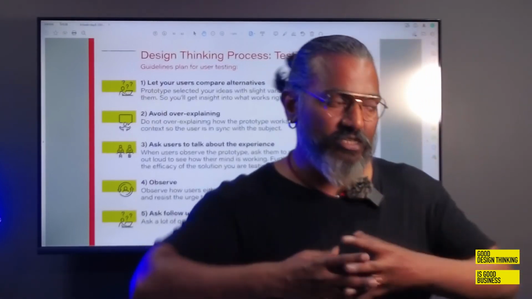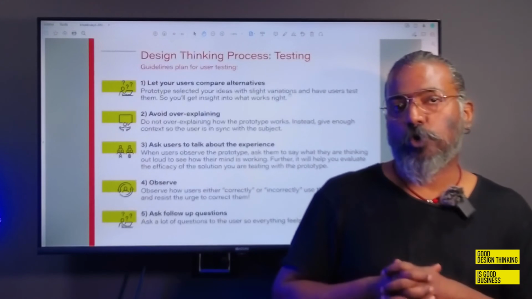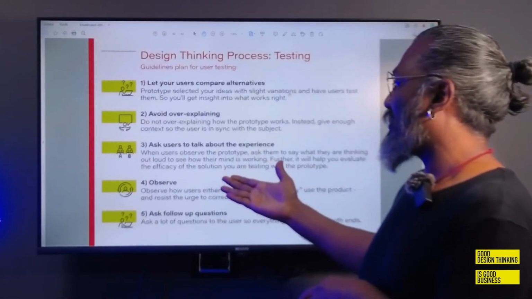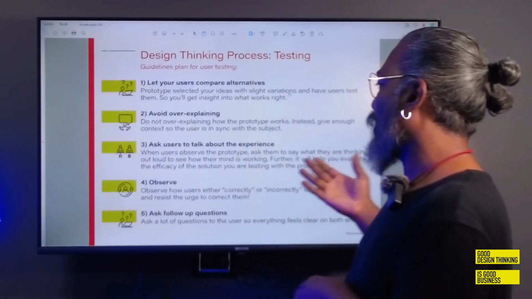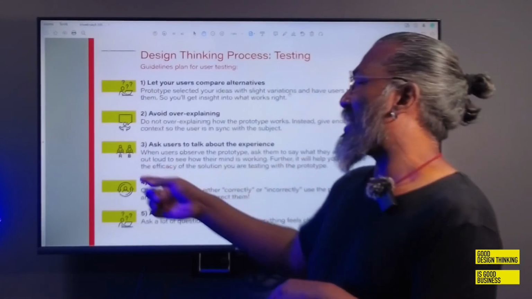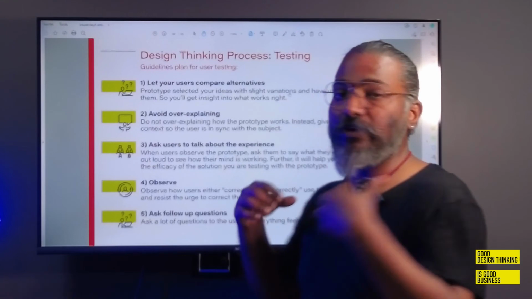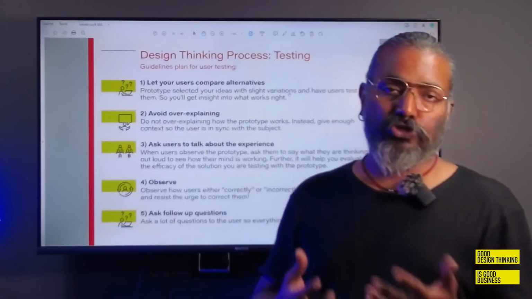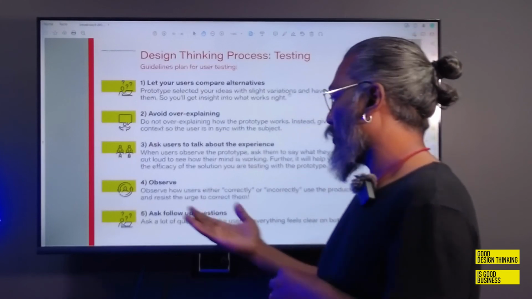So when you ask your consumers with whom you are testing, let them speak loudly, okay? Let them say things out loud to see how they are conceiving and perceiving the subject.